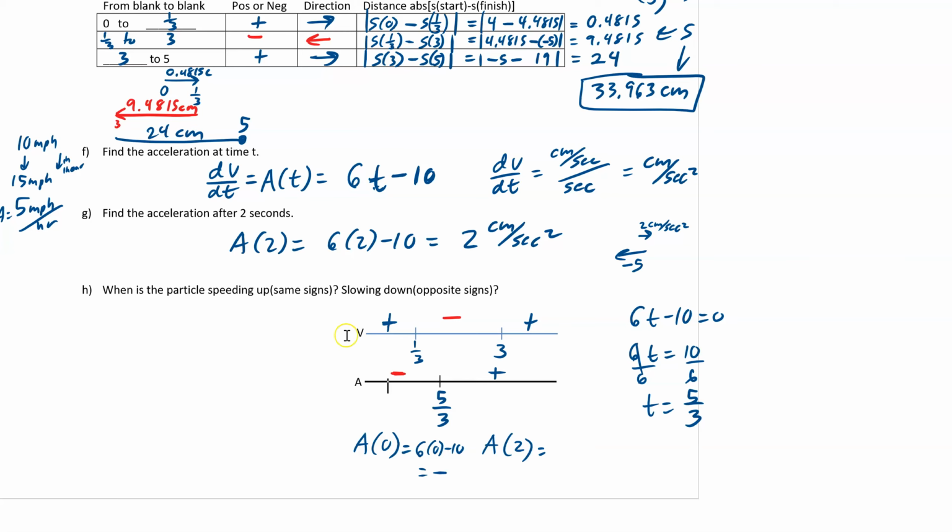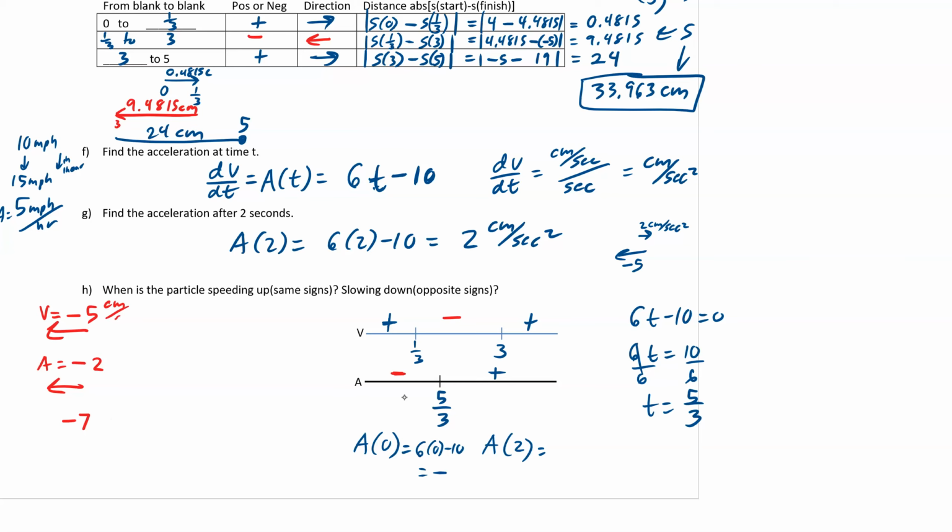So when is it speeding up? Speeding up means they have the same sign. Let's do the red. It would mean that we have a negative velocity, and our acceleration would also be negative, so they are going the same direction. So if we had negative 5 and negative 2, we would be getting negative 7 one second later. Here, let's write this.